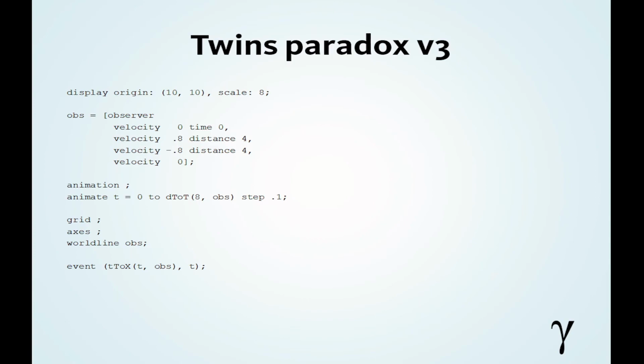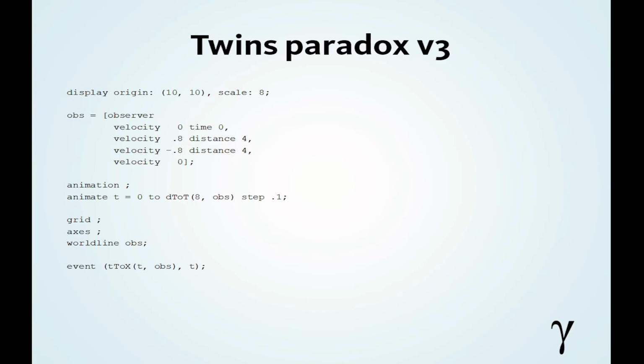Now, Gamma contains some useful functions. So the d to t function basically takes a distance and converts it to a time. T stands for rest time. Tau stands for observer time. So in this case, we're going to the rest time. So the distance the observer is going to travel is 8 light years.